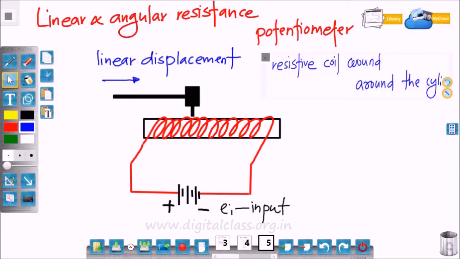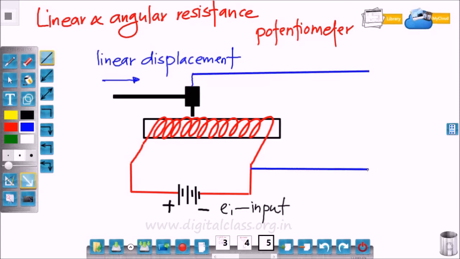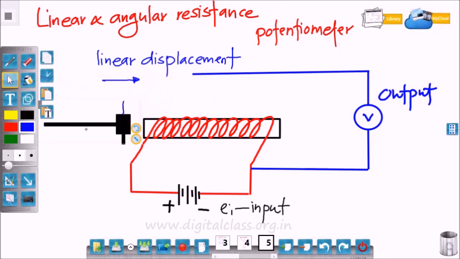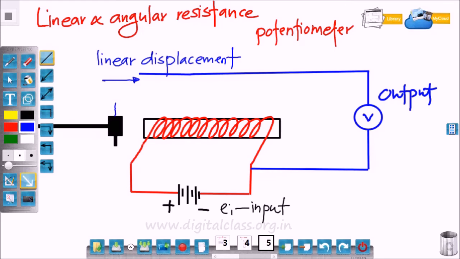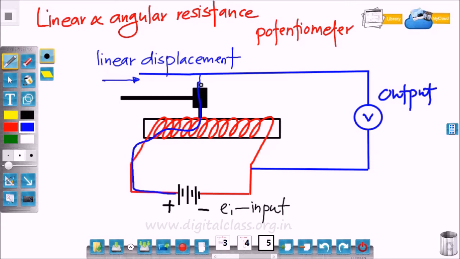Here the output voltage is measured between this pointer and the negative potential. As the pointer moves, the amount of resistance changes. In this position, current will flow through this pointer like this.